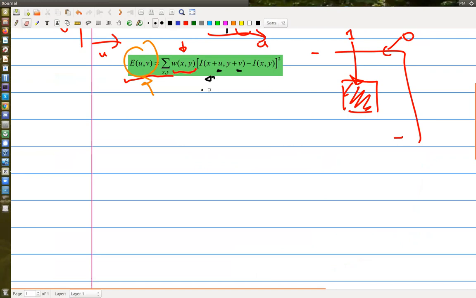So here I am assuming u and v are small, and then I expand this guy. So I have I(x+u, y+v), which approximately will be I(x,y). I have two variables here, right?